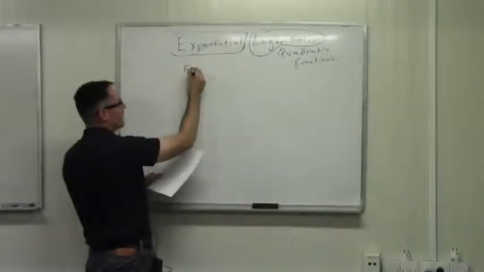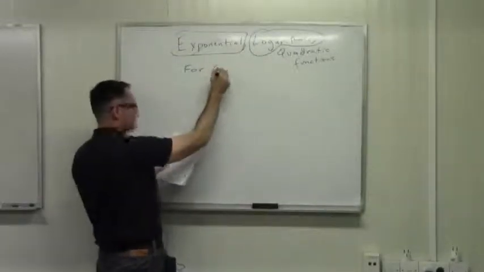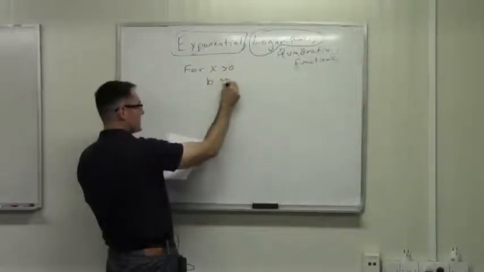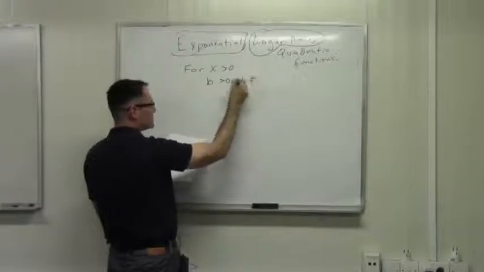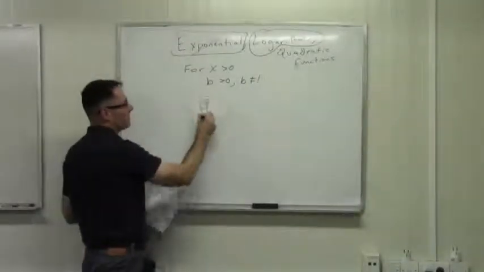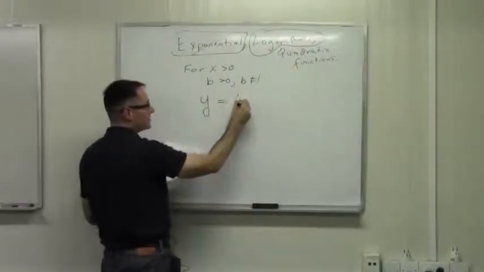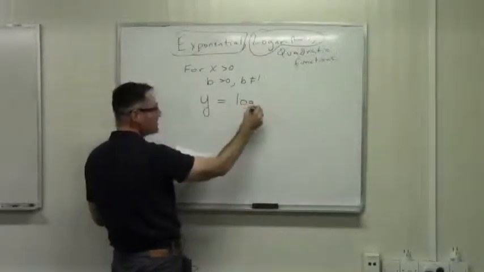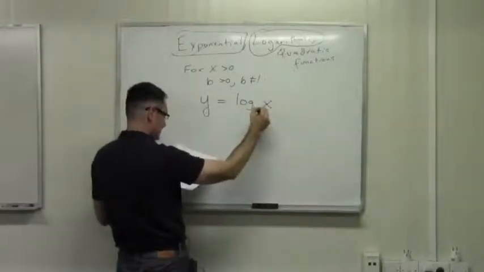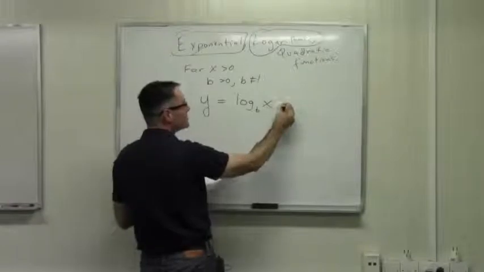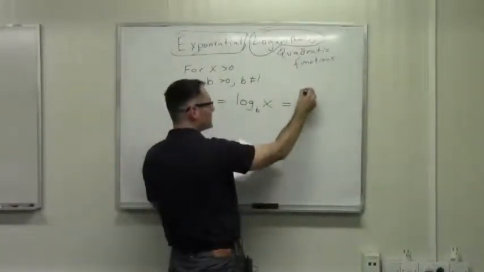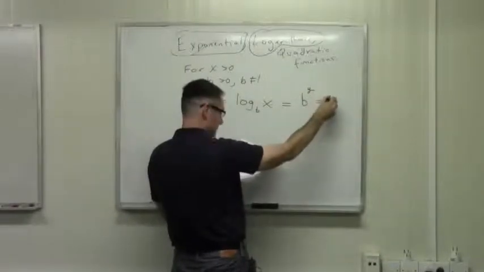This is for x greater than 0, and b greater than 0, and b not equal to 1. Same thing as before. We have this thing called a logarithm. We abbreviate it log. y equals the log base b of x, bear with me on this, which is just equal to b raised to the y equals x.